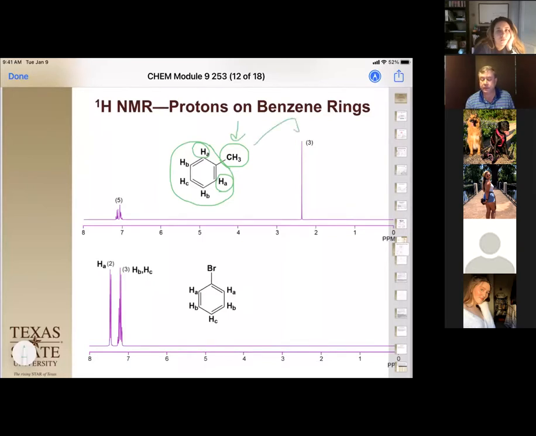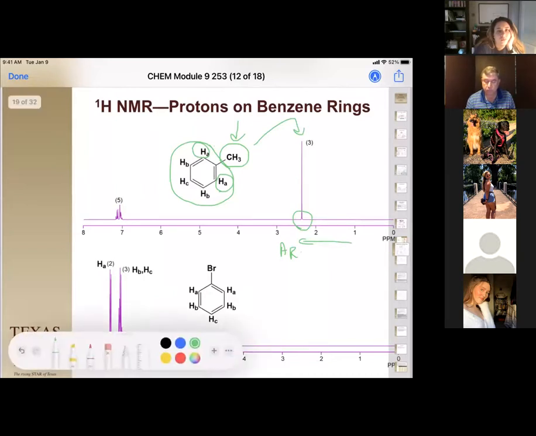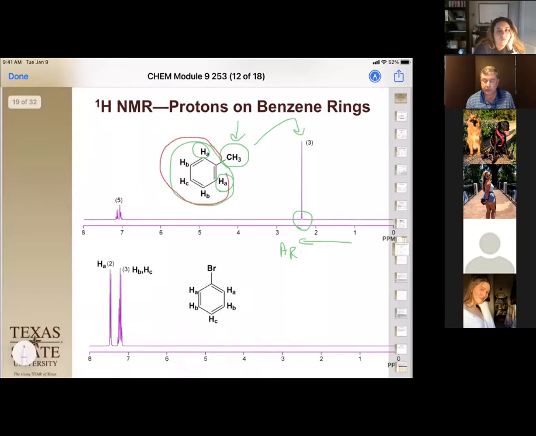And that turns out it's this peak down here, okay? It's a hydrogen next to an aryl group, which is a little bit electron withdrawing, so it's going to be above hydrocarbon, but below everything else. Now, the remaining 5 hydrogens here are above 7. So all of our aromatic hydrogens are in the 6 to 8 range, okay?